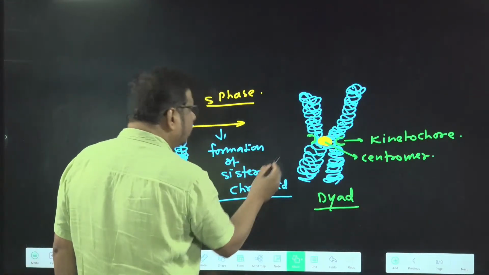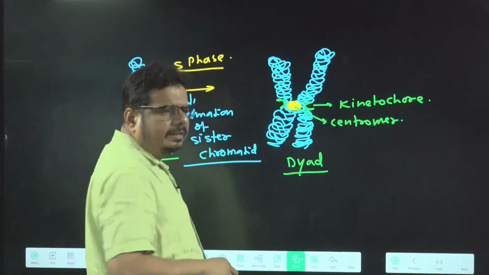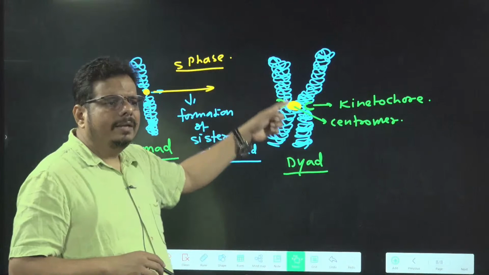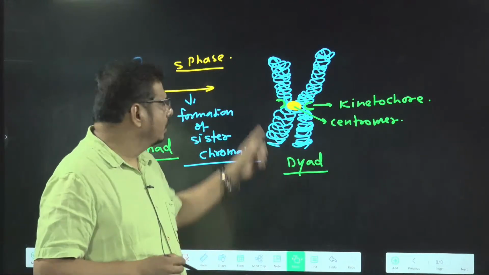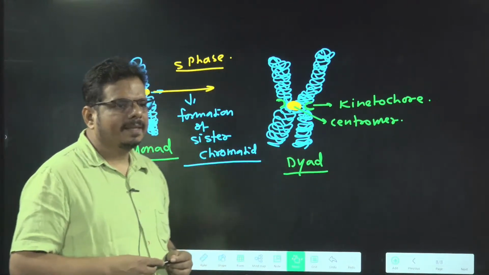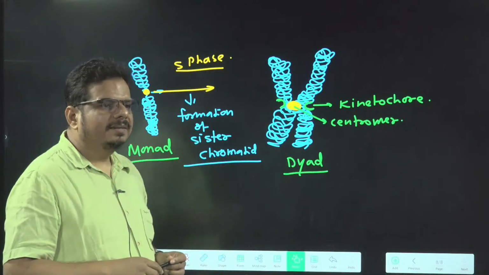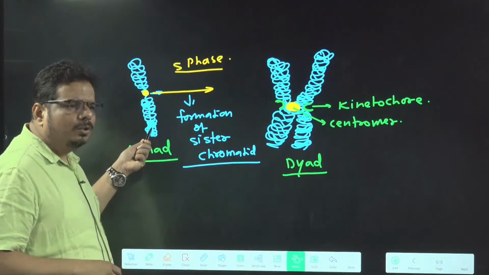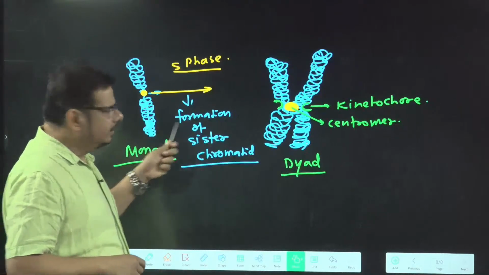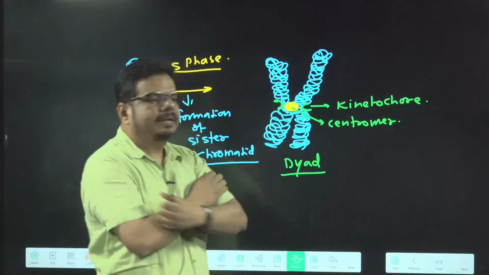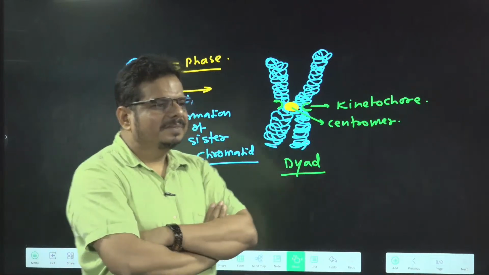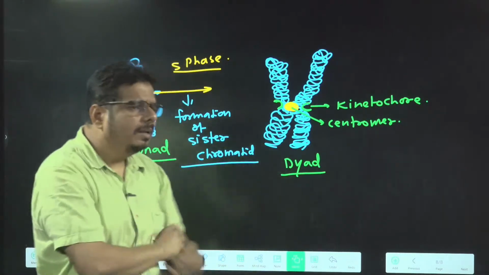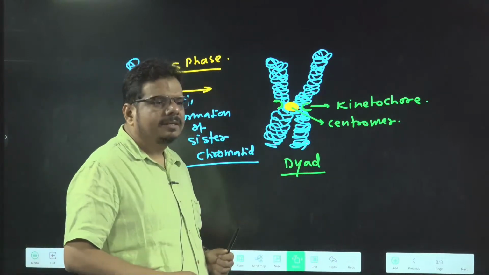So, I am asking a question. Try to answer it. In the dyad stage, how many chromosomes are there? One chromosome. Here also one chromosome. This is a chromosome with a single chromatid, and this is a chromosome with double chromatids. But still it is the same chromosome, because both are attached.